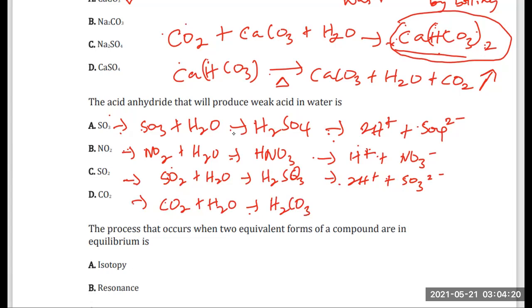That is what we call carbonic acid, which is a weak acid. This one cannot dissociate completely, so I'm going to have 2H+ and CO3 2-. Because of this incomplete dissociation, you can see it's a reversible reaction. So CO2 is a weak acid.